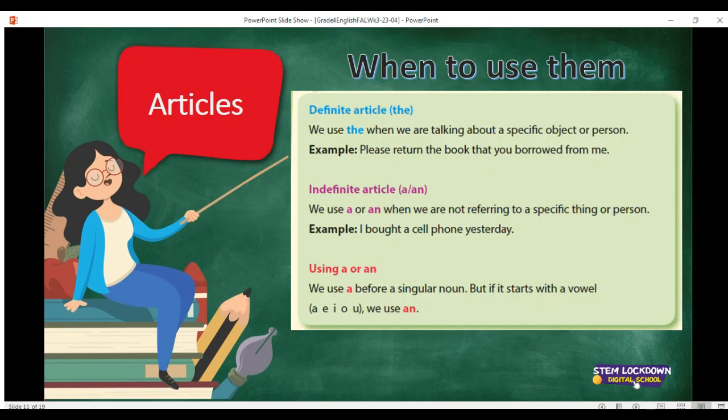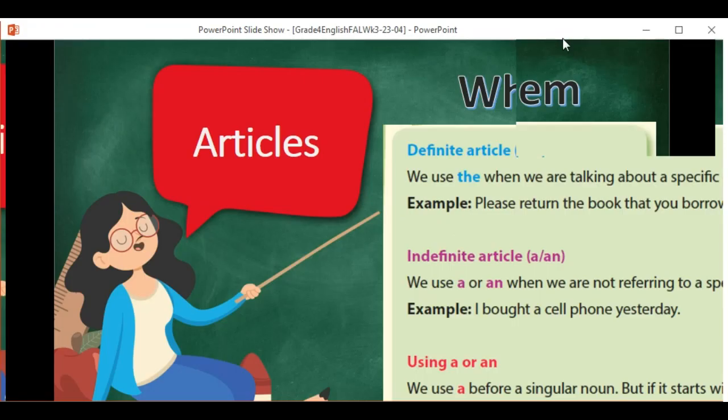Now let's have a look at our next one, articles. So when do we use an article?